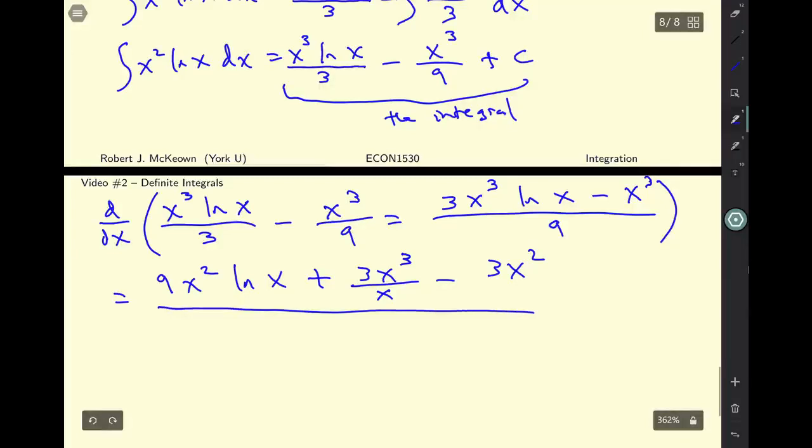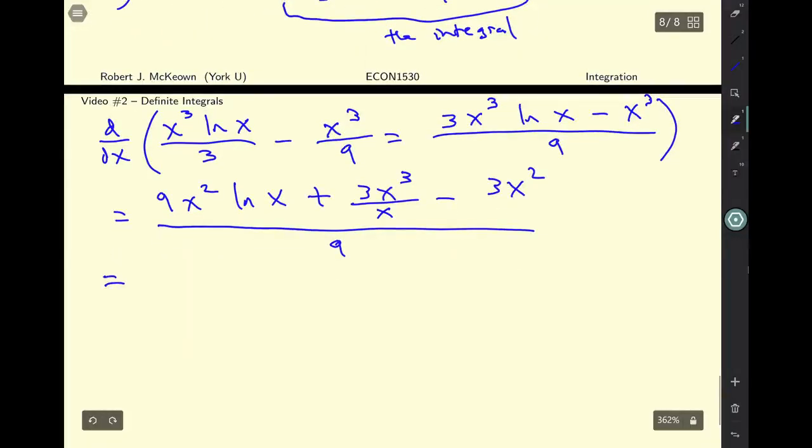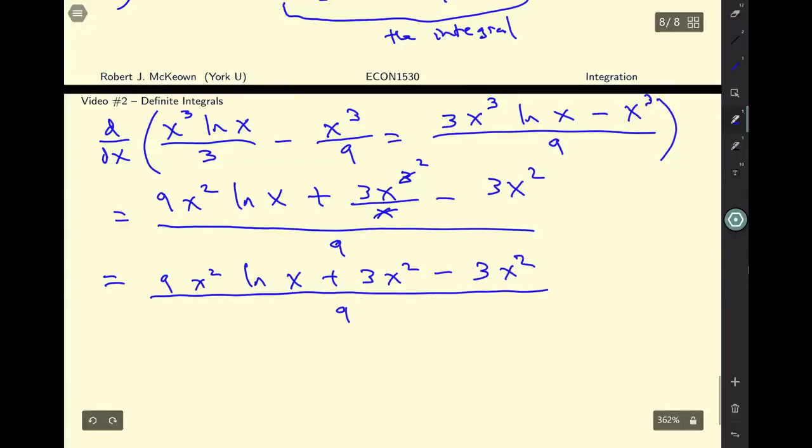And this whole thing is divided by 9. We can see that, leaving that part the same, I've got an x and an x, so this is going to become an x squared, and that's going to be gone. I've got 3x squared minus 3x squared. This whole thing is going to be over 9.